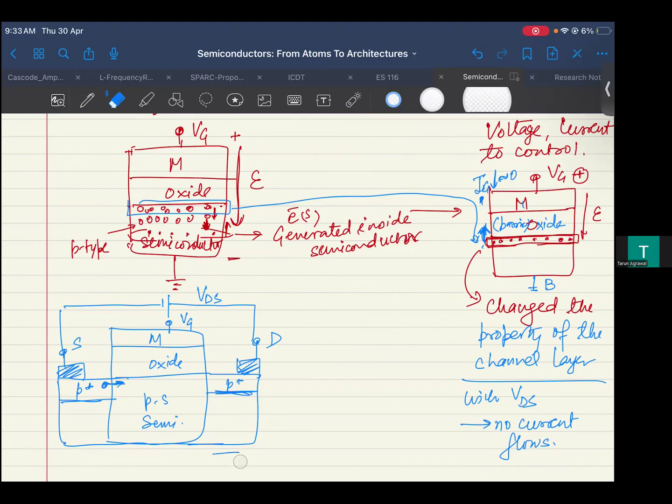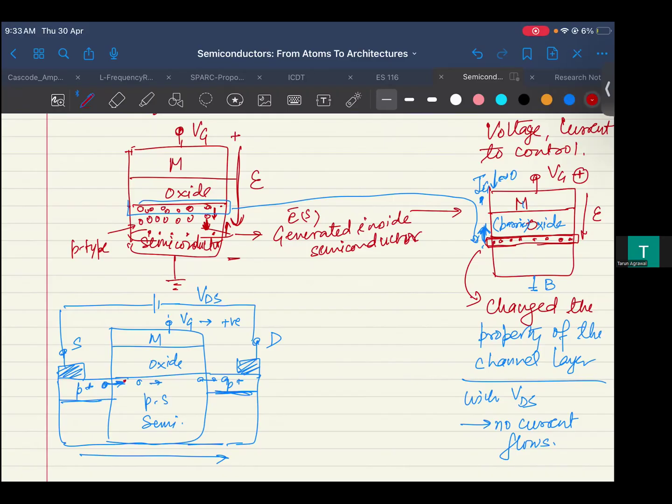So in this case, we have to apply the electric field like this if we want holes to go from source to drain, right? So that means that in this case the hole can go through this, right? And now if we make it positive, n, then you see it would shut off, right? That is what is happening. So you see that if we make it positive, then this property will change, right?